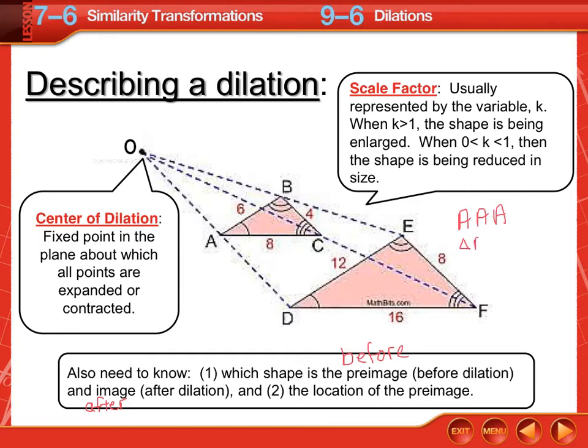So we have triangle ABC is similar to triangle DEF, and we can look at the ratios of those sides and prove proportionality. But there's nothing on this page to indicate to us what is the before or what is the after. So without that information, we're not quite sure if the pre-image is DEF or if the pre-image is ABC.